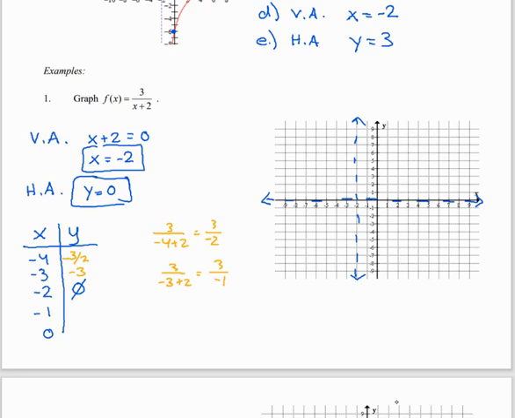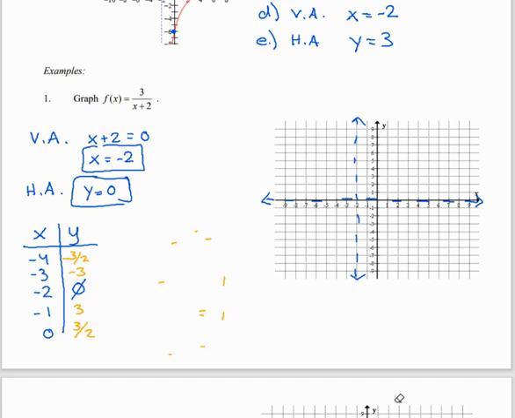Let's plug in negative 1. That would be 3 over negative 1 plus 2, which gives me 3 over 1, which is positive 3. And if I plug in 0, we get 3 over 0 plus 2, which is 3/2. Okay, so again, just finding some test points. I'm going to erase my scratch work so that we have more room for analyzing afterwards.